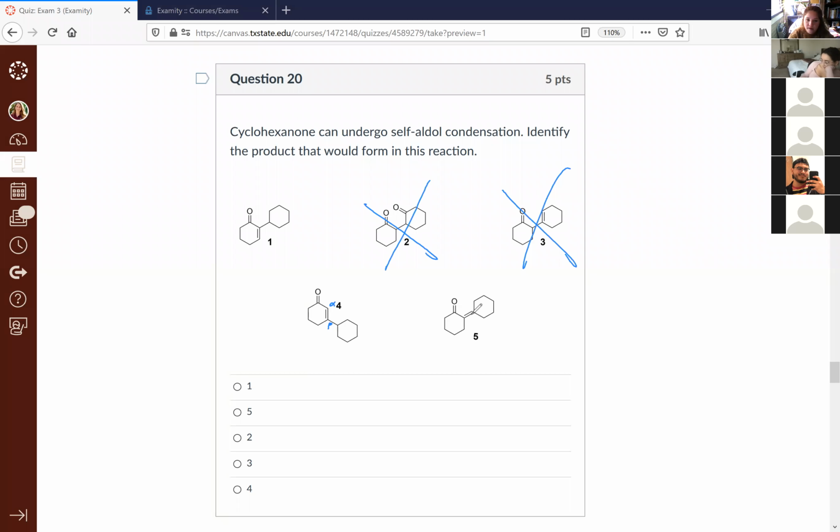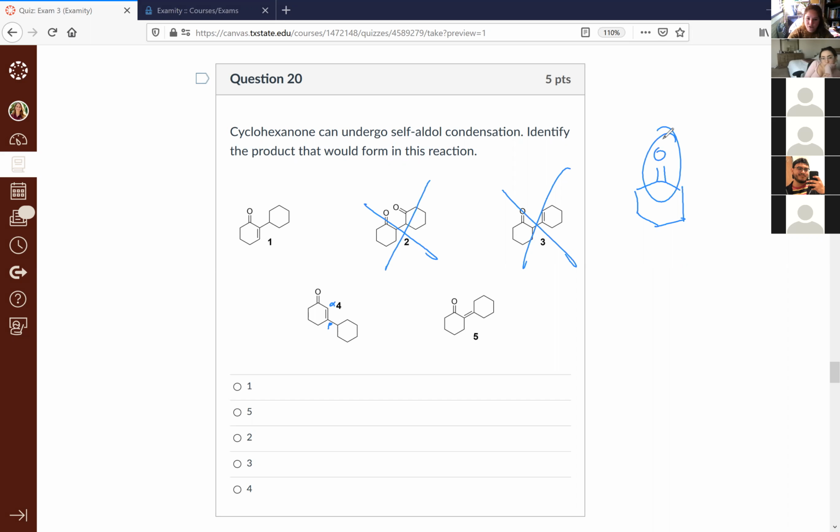From here, now you want to look at the connectivity. If we're looking at cyclohexanone, which carbon is going to be attached to the other equivalent of cyclohexanone? Like where in relation to the carbonyl is it?